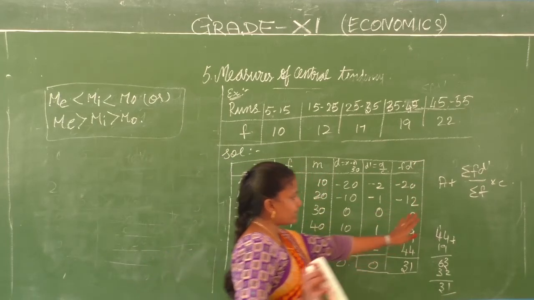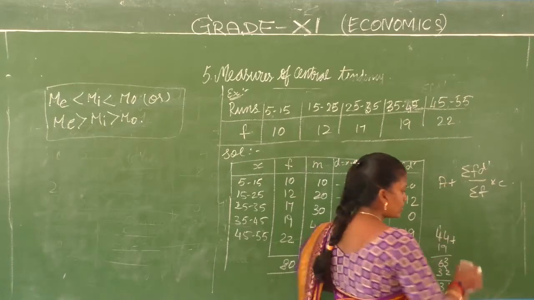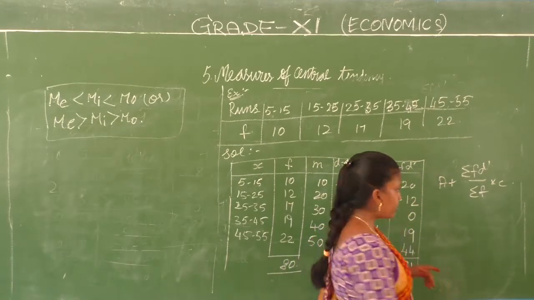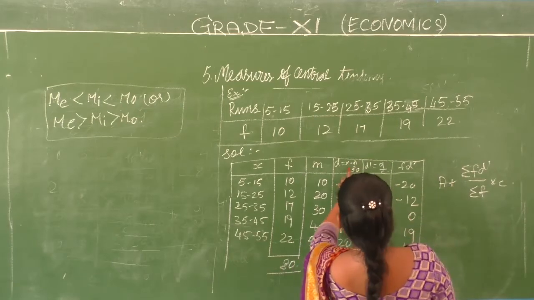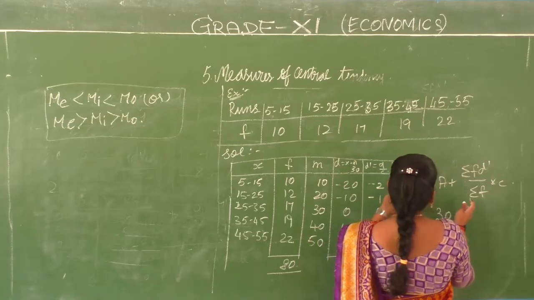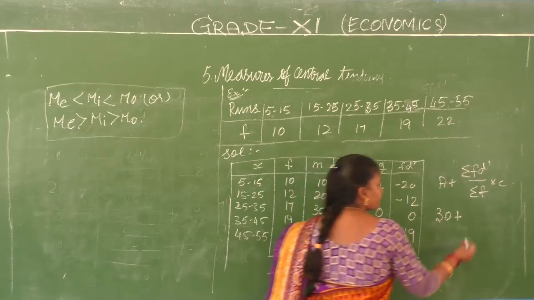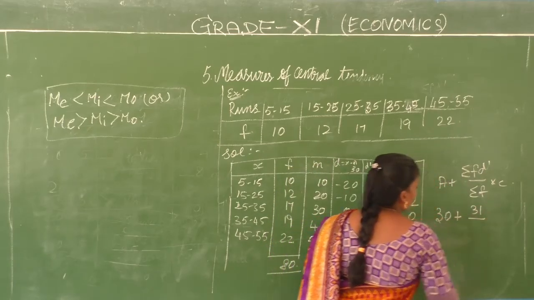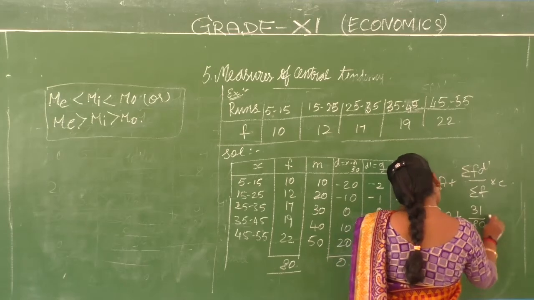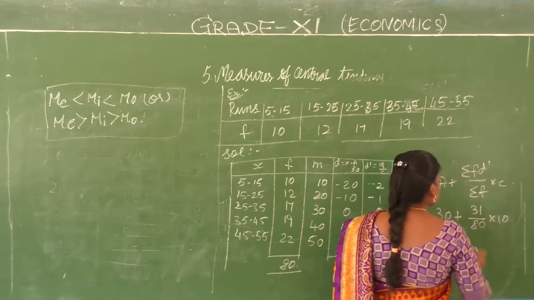What are we going to do next? You have got all the values. You are going to find the answer of this now. How are we going to find it? Substitute it. What is your assumed value? 30. 30 plus what is your sigma FD dash? 31. Right? What is your sigma F? 80. Into C is 10.